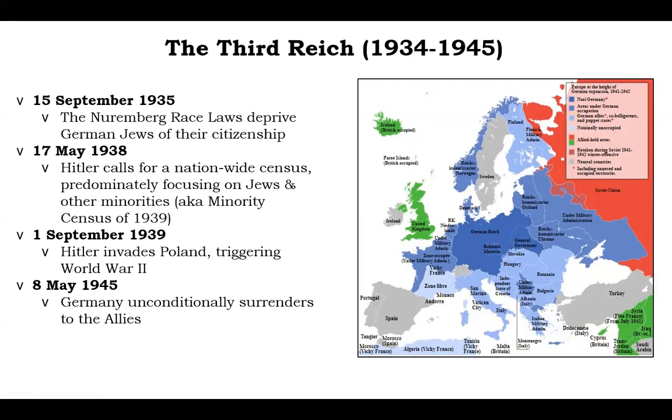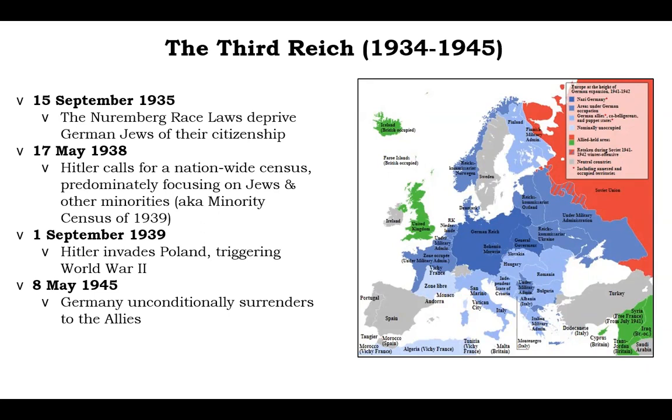It banned future intermarriages and sexual relations between Jews and people of German or related blood. The Nazis believed that such relationships were dangerous because they led to mixed race children. According to the Nazis, these children and their descendants undermined the purity of the German race.